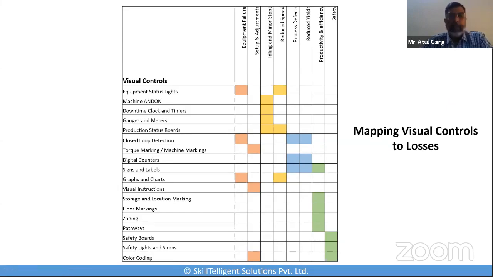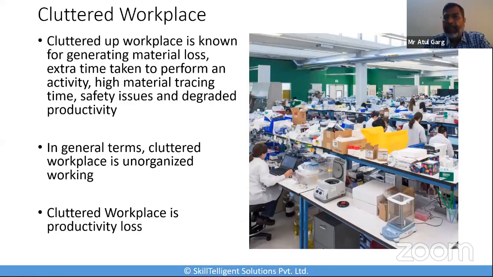Okay. So let's go now one by one into each of them and see how exactly he's going to use them, so we also understand what the situation is and what can be done. Cluttered workplace, that's the first thing he wanted to focus upon. A cluttered or overcrowded workplace is always known for generating material loss, high material tracking time, and extra time taken to perform an activity.